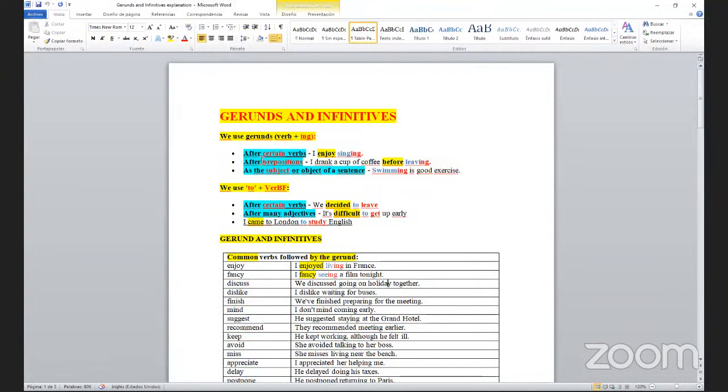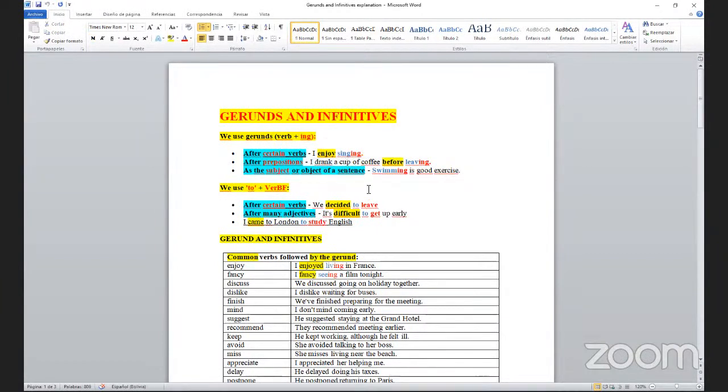Okay, if I didn't send you. Here we have, for example, the subject. We have the verb. This is the verb that works only with gerunds. So after this word that it belongs to the list, we are gonna use the verb but in gerund with ing, singing. I enjoy singing, okay? After prepositions, what are we gonna do?